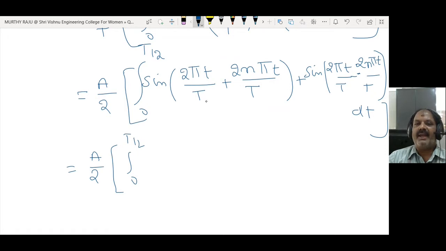2 pi by T is the common term in that one, and t is also common.